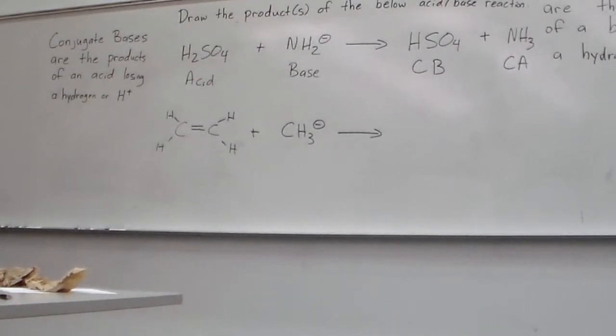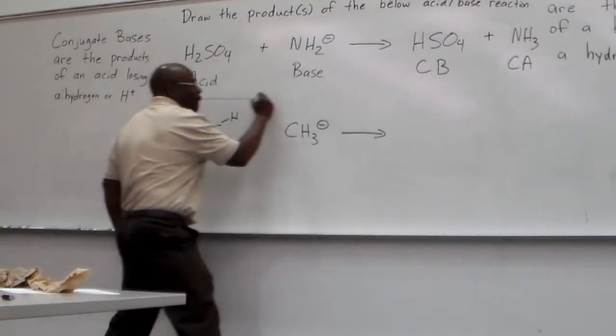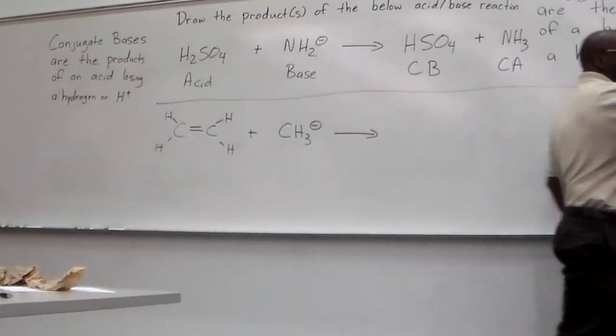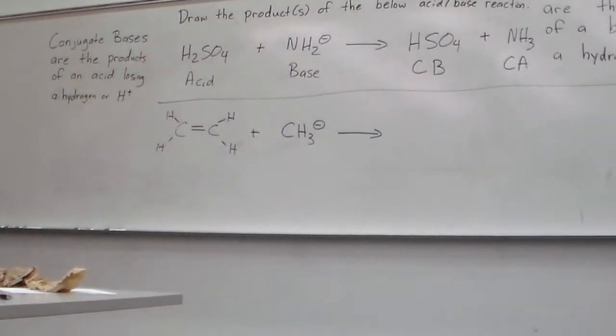In an acid-base reaction, the first thing you need to do is identify the acid and/or the base. In our second reaction, can we identify either the acid or the base in the second molecule? Yeah, the base.